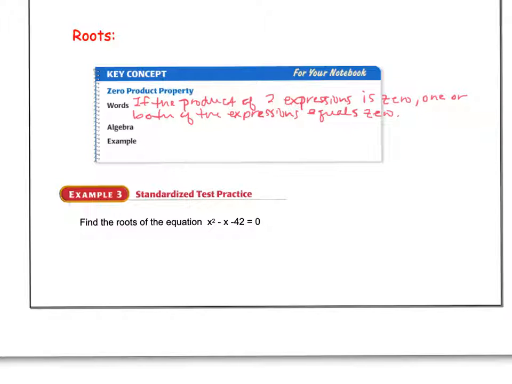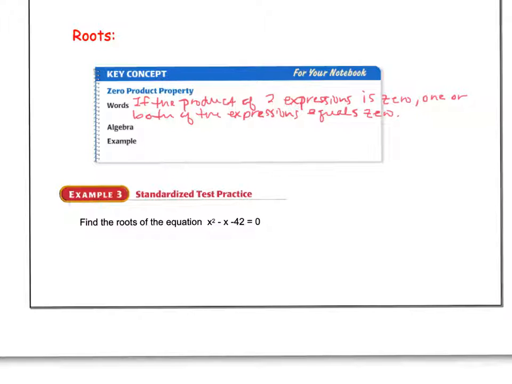And now we're saying to ourselves, what two numbers, when multiplied, got us a negative 42, but when added, got us a negative 1? Well, you go through your list of possibilities, and you should see that a negative 7 times a positive 6 would get you that. And we'll put those in, negative 7 and a positive 6.